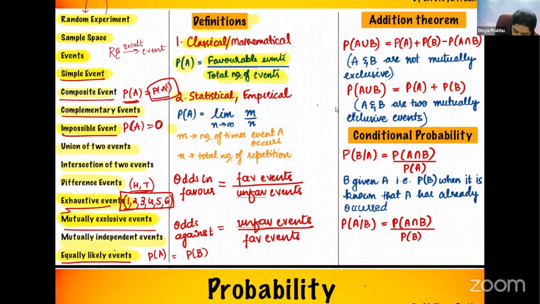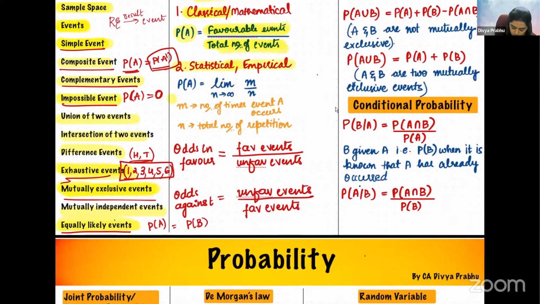For now, just keep the statistical definition aside. We'll move to the next concept, which is odds in favor and odds against. Let's say I want to calculate the odds in favor of event A. The formula is favorable events divided by unfavorable events. Remember, odds in favor: favorable comes in the numerator, unfavorable comes in the denominator.